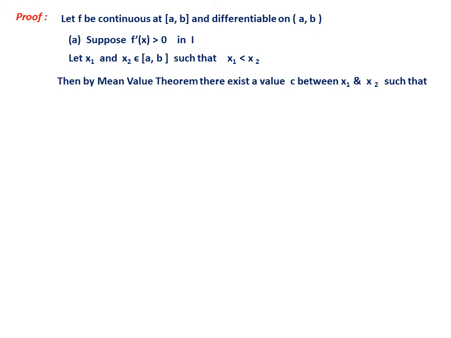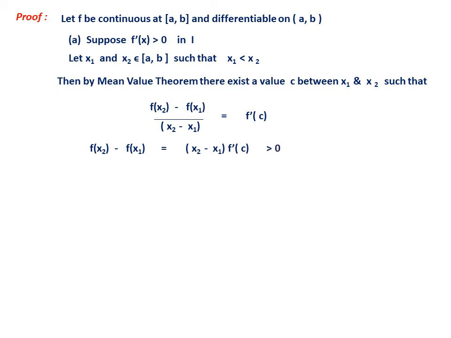Then by the mean value theorem, which we studied in the fifth chapter, there exists a value C between x1 and x2 such that f of x2 minus f of x1 divided by x2 minus x1 equals f dash C. So f of x2 minus f of x1 equals x2 minus x1 into f dash C.